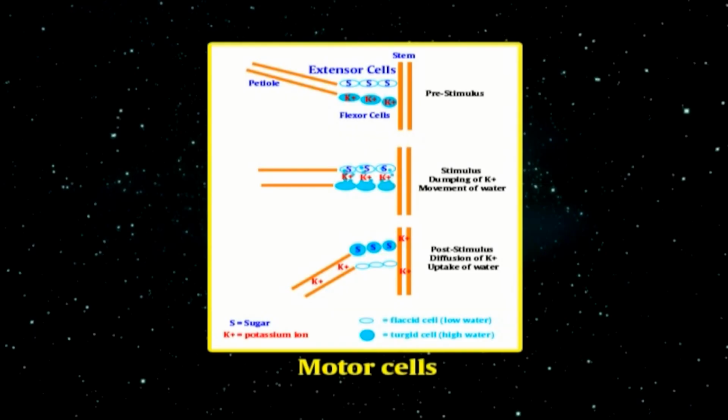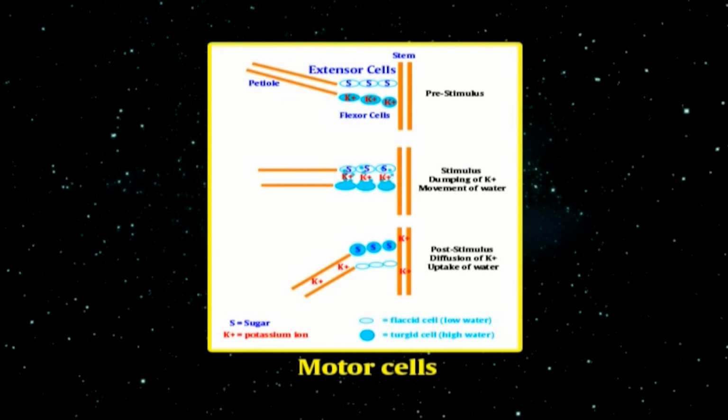The material basis for the stimulus has been found to be abscisic acid, a plant hormone, and sometimes abscisic acid mediated ions. The mechanism of upward movement of pinnules, that is the leaflets, and downward bending of the entire leaf at the base is due to the activity of the motor cells found within the pulvinus. These cells contain many contractile vacuoles which are loaded with potassium ions when the leaflets are open.